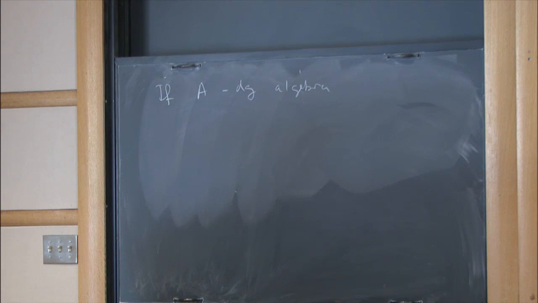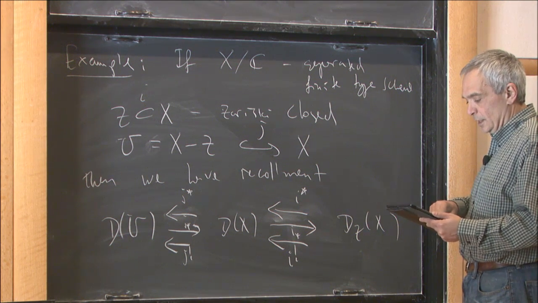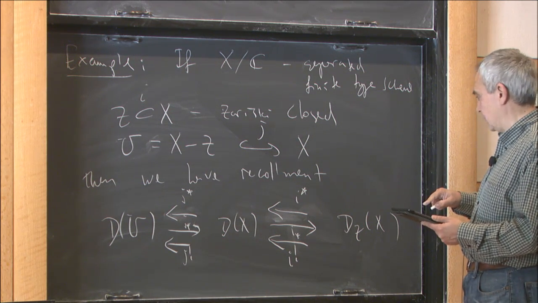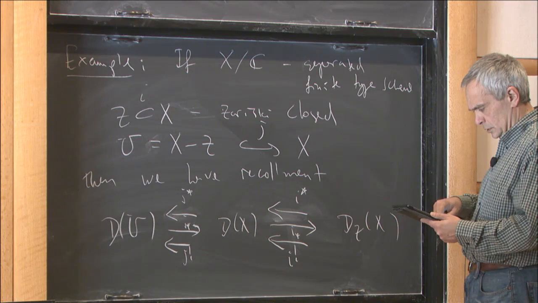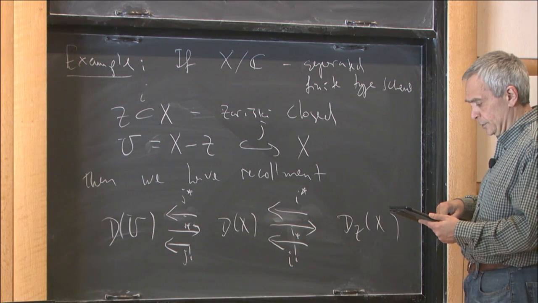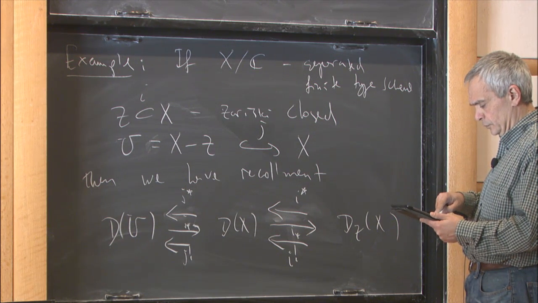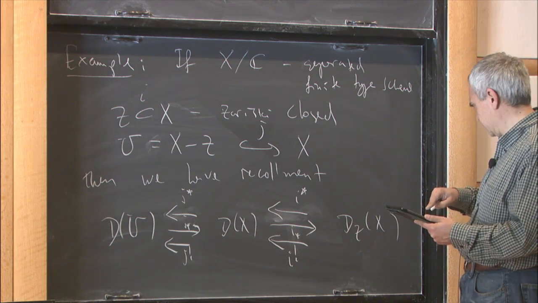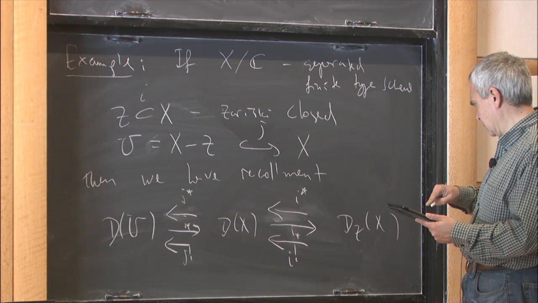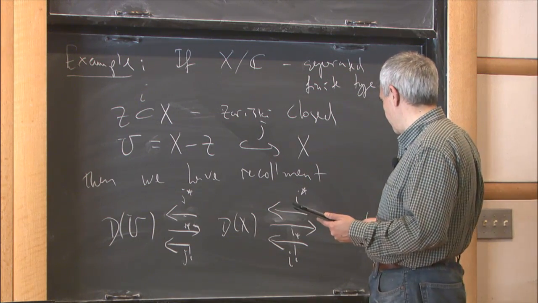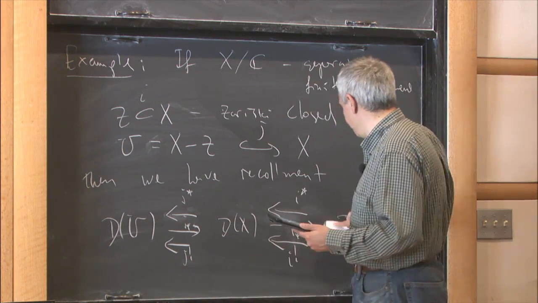I upper star. I probably have them reversed. You need two arrows this way and one arrow. So two arrows this way. One arrow.